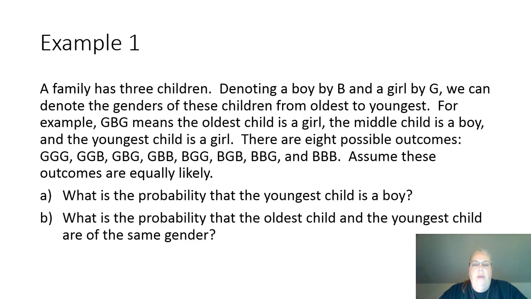A. What is the probability that the youngest child is a boy? Alright, to find this probability, we need to find the number of outcomes in our sample space, which is located right here. These are all my outcomes, and we are looking for the ones that have a boy in the 3rd position.